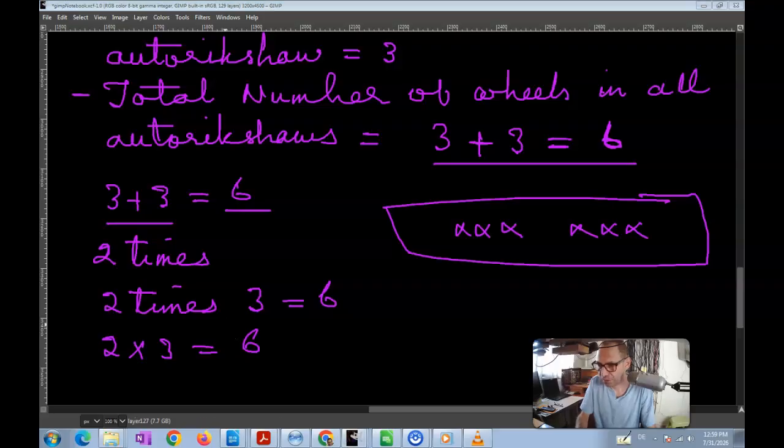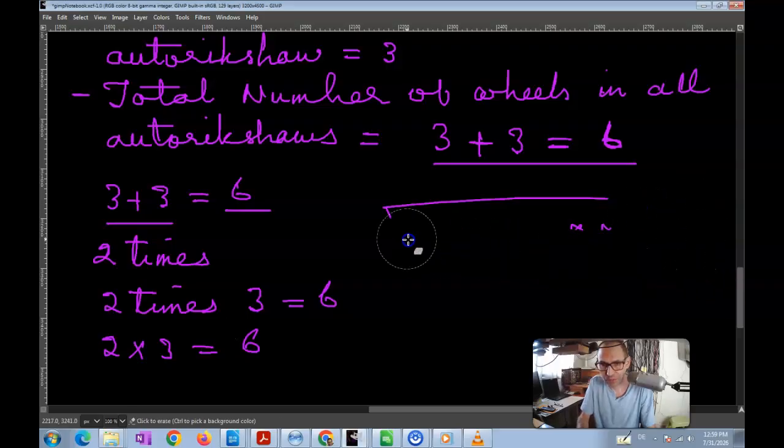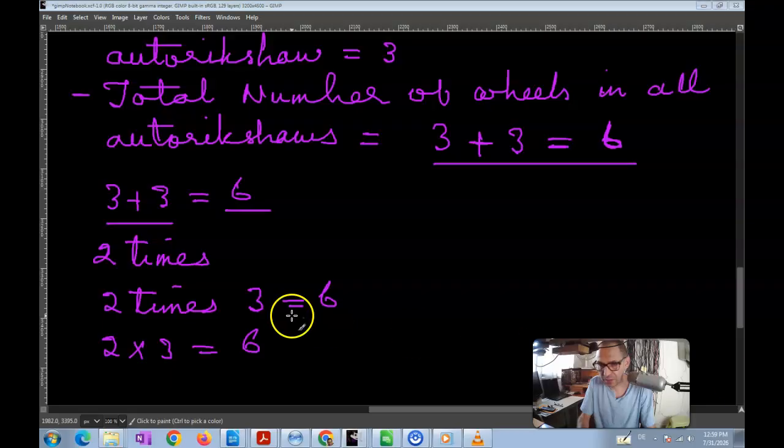But the problem here is that this strategy has its own shortcomings, meaning that here you're adding 3 plus 3, 2 times. Now what if you were to add 3 plus 3, 1,000 times, or 2,000 times, or even a greater number of times? Then of course it would not be easy to do the addition, right?